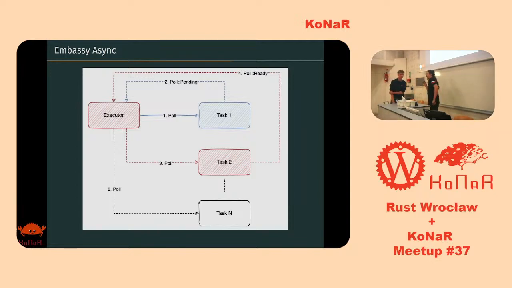Now let's move to a little explanation of how Embassy works. So I think some of you know how FreeRTOS works, the interrupt-driven concurrency, but in Embassy it's a little simpler. We don't need interrupts to decide which function needs to start when.